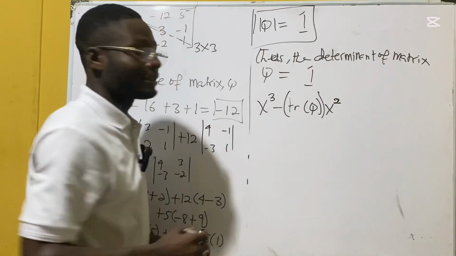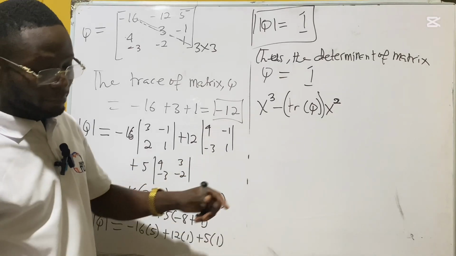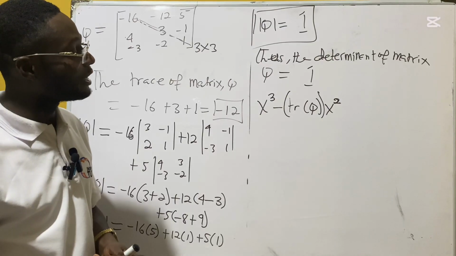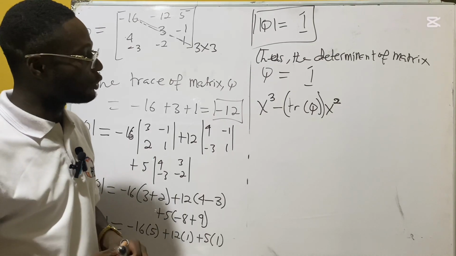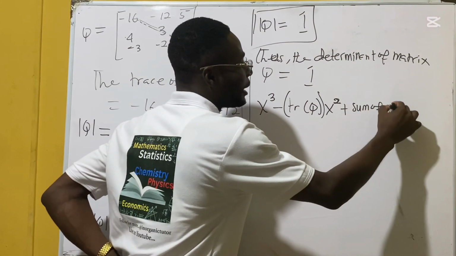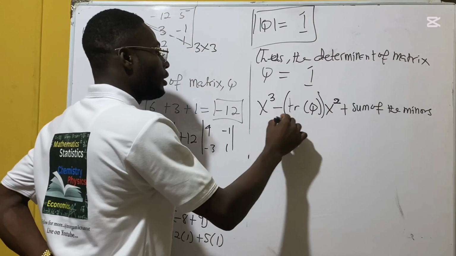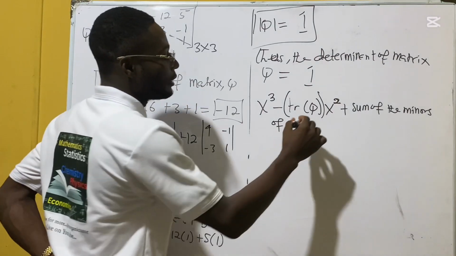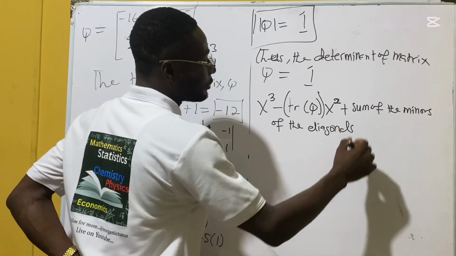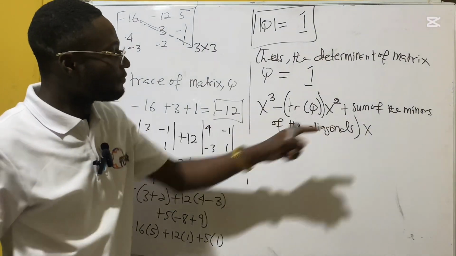Then we take the sum of the minors of the diagonals, plus the sum of the minors of the diagonals, and that becomes the coefficient of s. So we have this information.